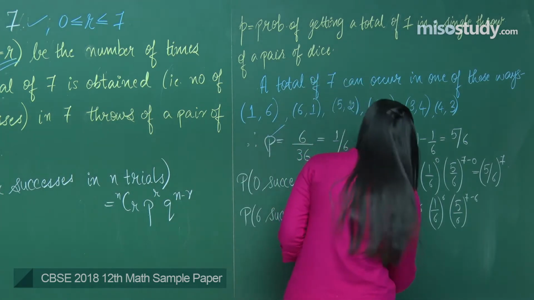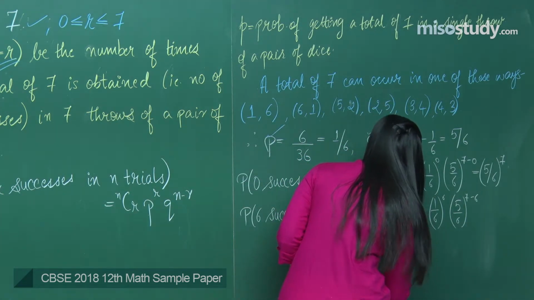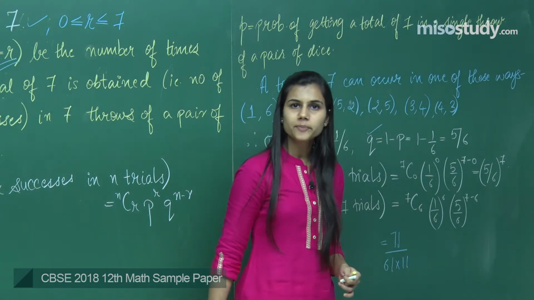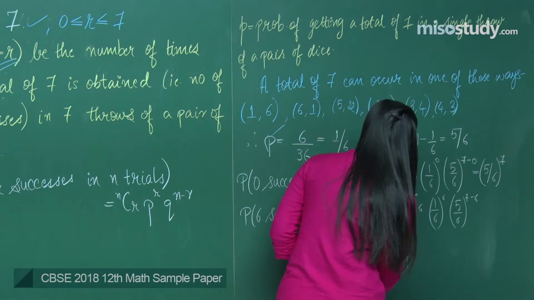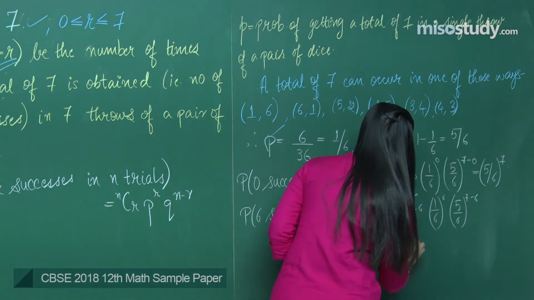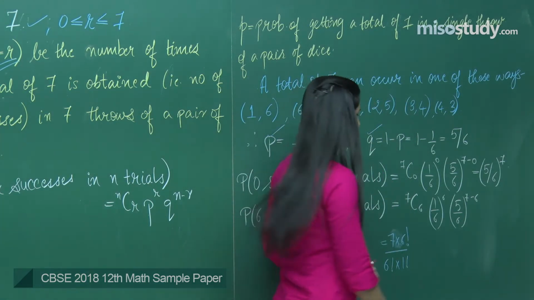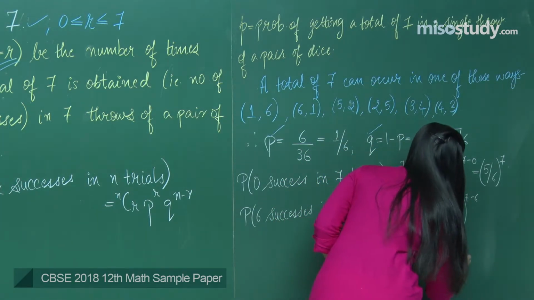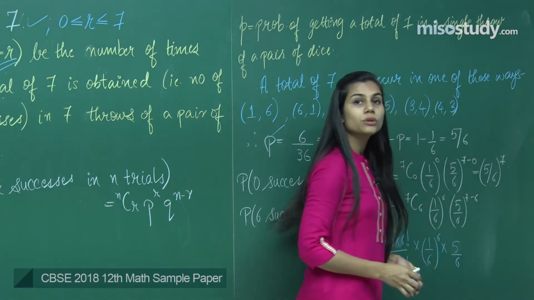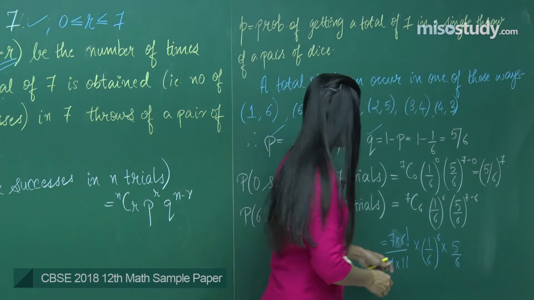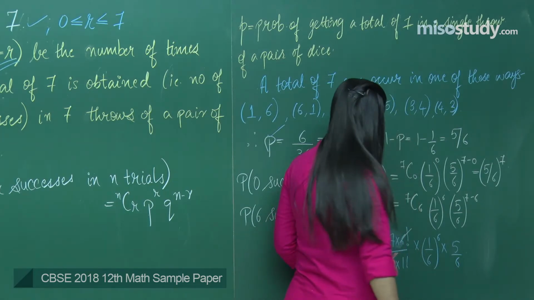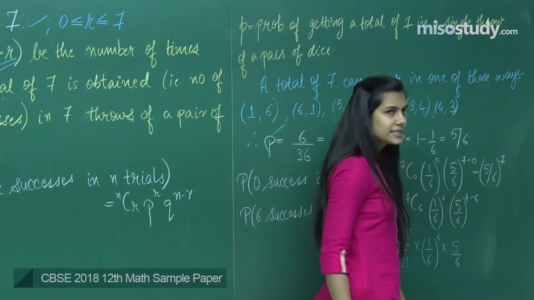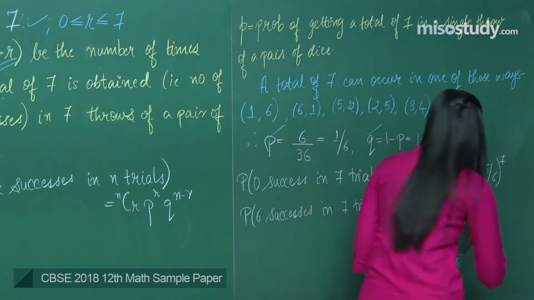So you have 7c6, which is what? 7 factorial upon 6 factorial into 7 minus 6 factorial. I can write 7 factorial as what? 7 into 6 factorial, multiplied by 1 by 6 to the power 6 into 5 by 6 to the power 1. From here, 6 factorial gets cancelled. You get 7. 7 into 5 is 35 and you have 1 by 6 to the power 7.